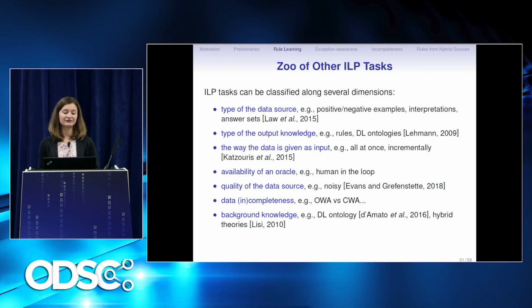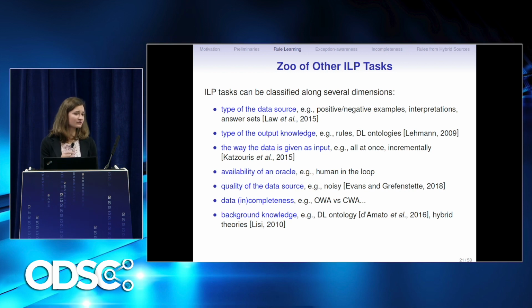You could have different types of output knowledge, either rules or some logical theories, for instance, description logic, ontologies, or something else. You could have different ways of how data is given as input, fact by fact, incrementally, or a whole data set altogether. Availability of an oracle and other things.